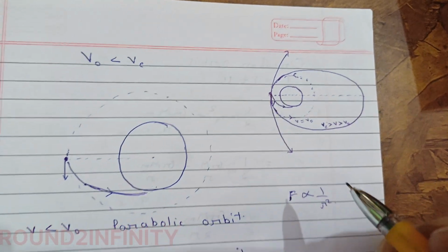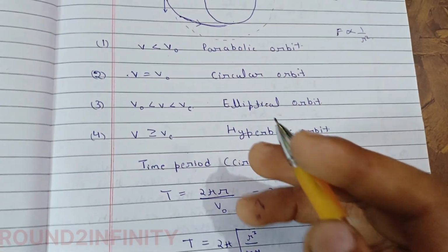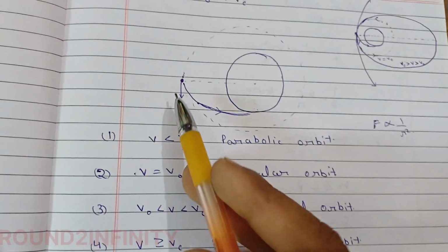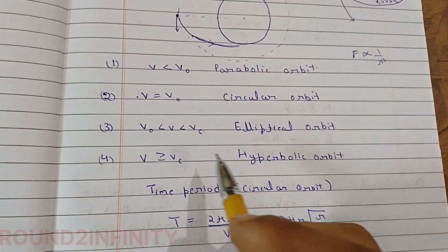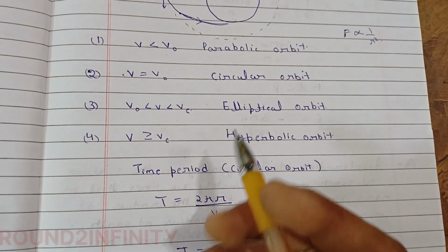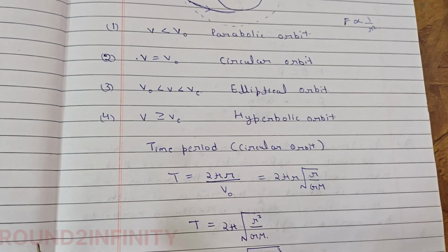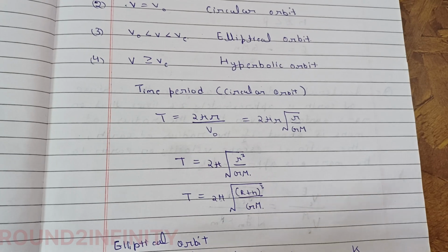We already defined these things with the help of eccentricity. Now we are describing what kind of orbit we get with the help of the velocity of the object. Remember these values, these are very important results, helpful for solving questions.